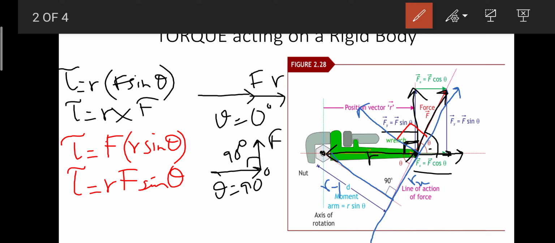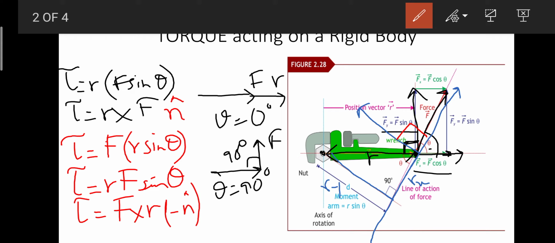For r cross F, suppose the direction is the unit vector n, then in the case of F cross r, the direction would be minus n, right?